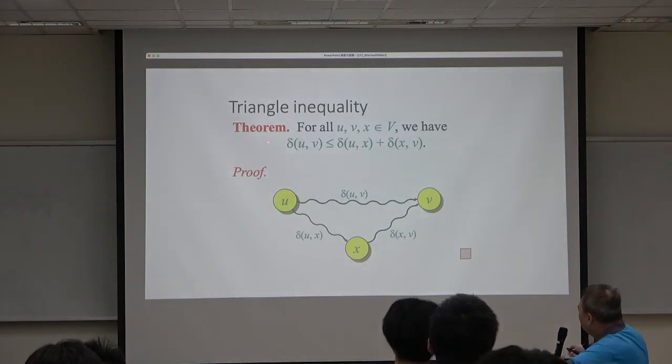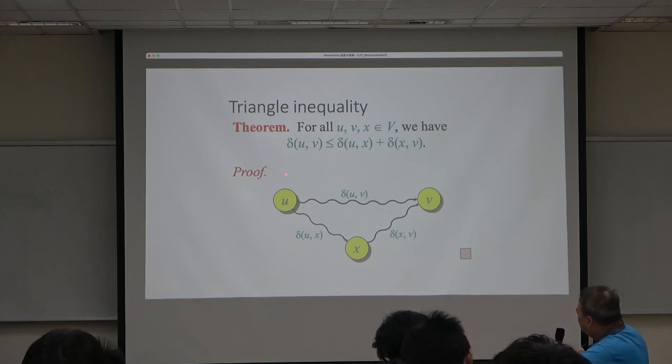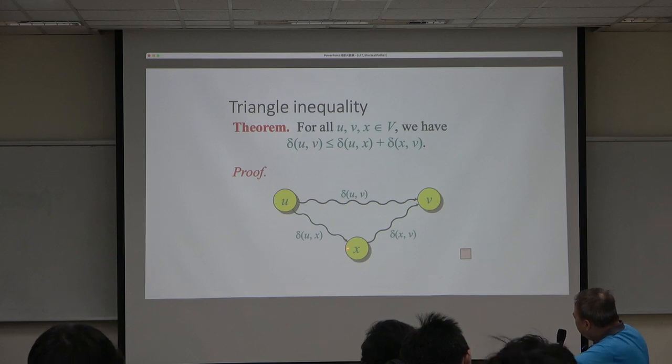I'm telling you, the weight of the shortest path from u to v will be smaller than or equal to the weight of the shortest path from u to x plus the weight of the shortest path from x to v.